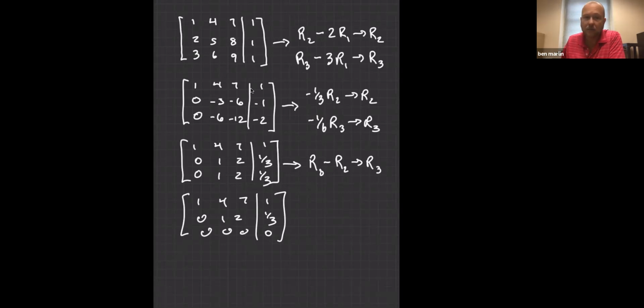We can at this point back substitute, or we can continue this process where we cleared out stuff under the first pivot and under the second pivot, and then we can go back and clear out stuff that's above the first pivot by subtracting 4 times there. Of course, the bottom row is going to stay zeros forever.